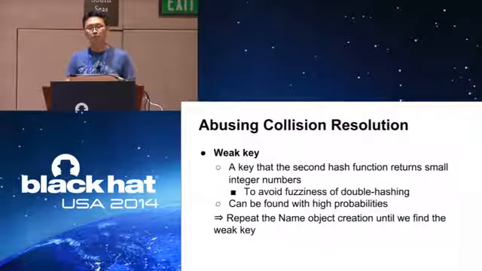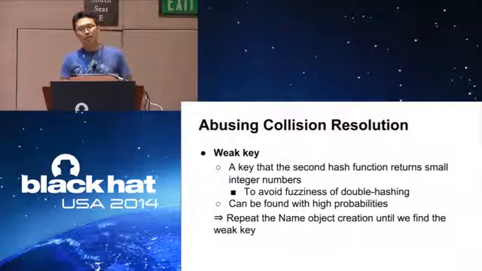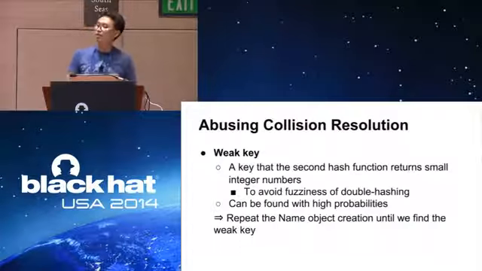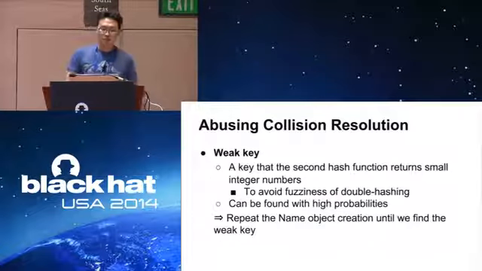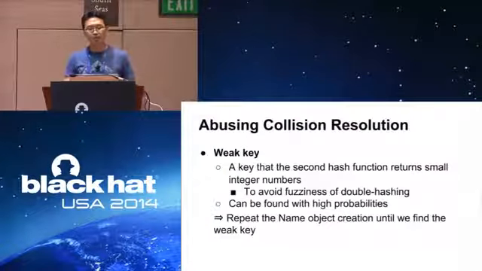That's why we try to find the weak key, which returns small integer numbers. We haven't proved this mathematically, but this key can be found with high probability. If you try like 1,000 times, you can always find it. So what we did is simply create name objects again and again until we find the weak key.